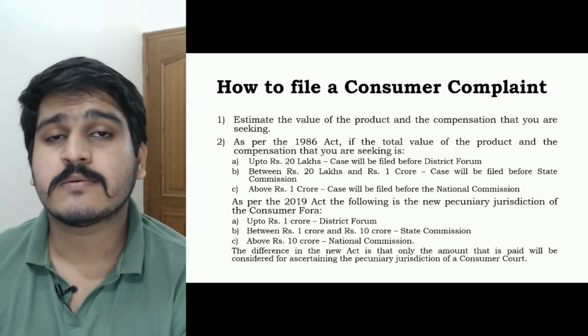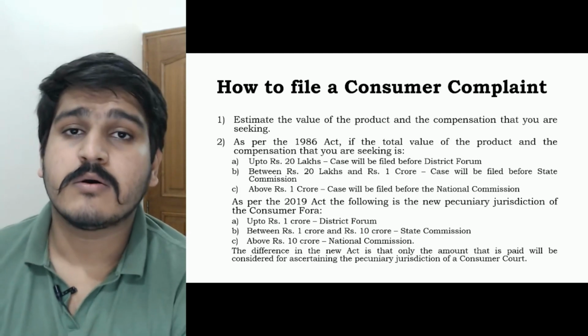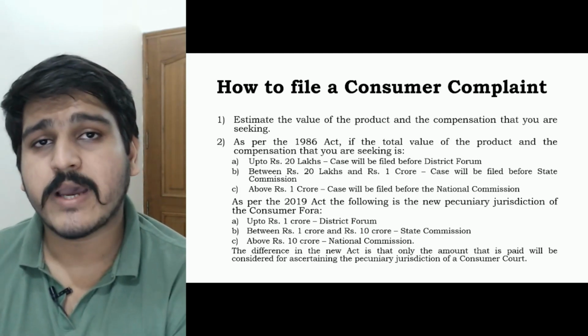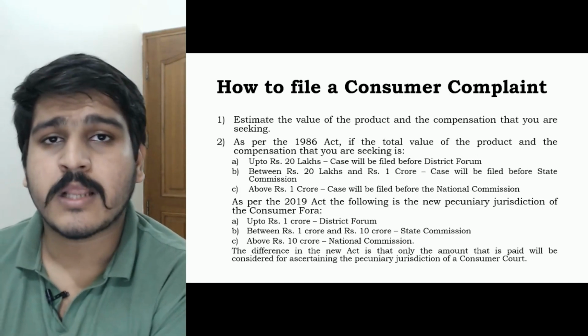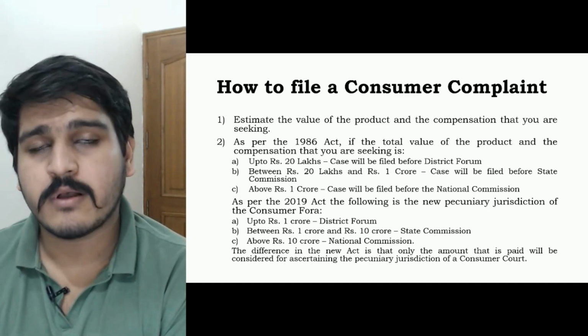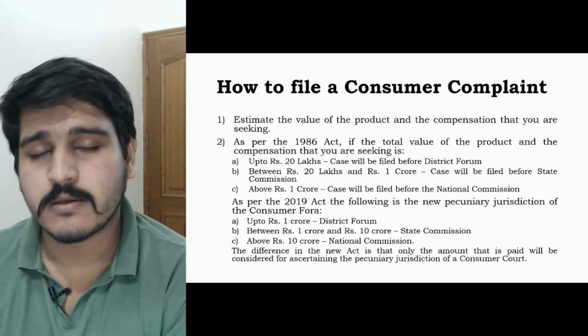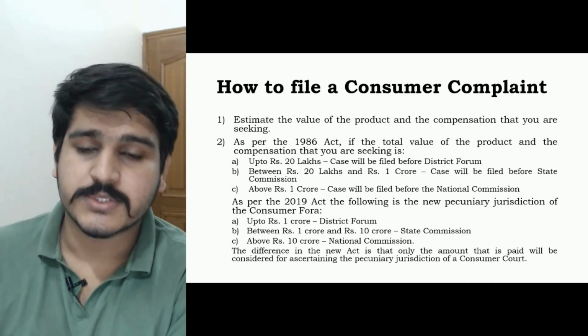So matters valued up to rupees 1 crore are now to be filed before the district forum. Between rupees 1 crore and 10 crores, it is to be filed before the State Commission, and matters valued above rupees 10 crore are to be filed in the National Commission.